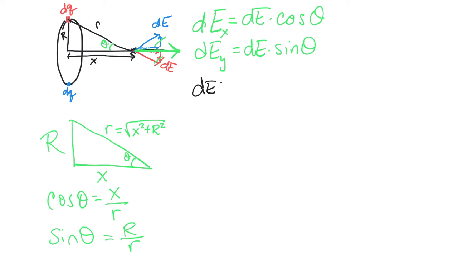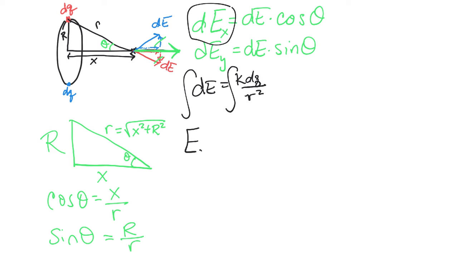Back to this at hand. I write my dE as k dq over r squared, and when I integrate both sides, you're going to realize that r is constant, so that'll be really awesome. But rather than straight up integrating, let's get into component land.